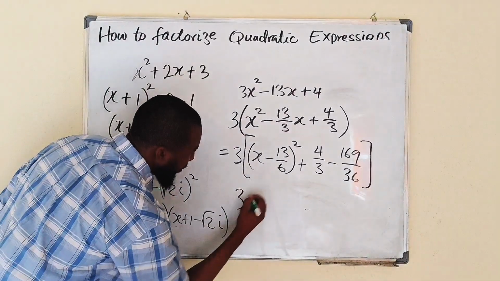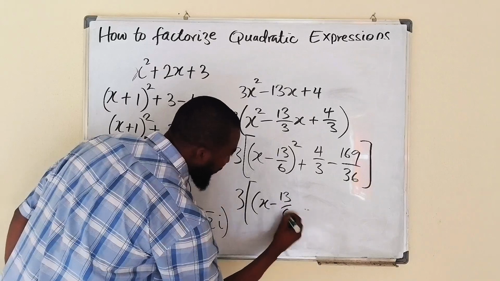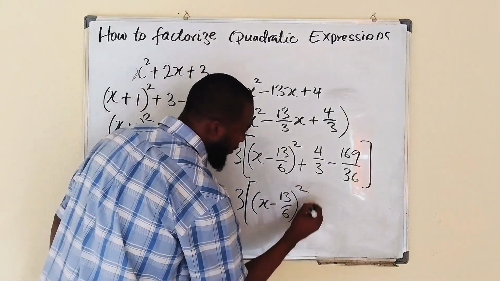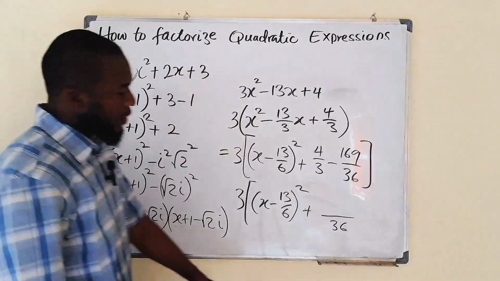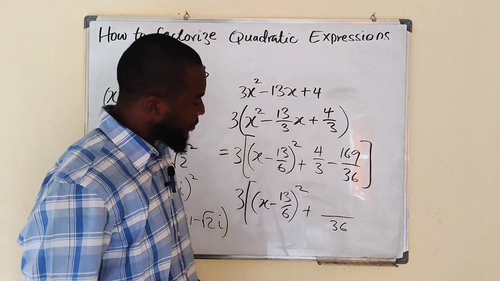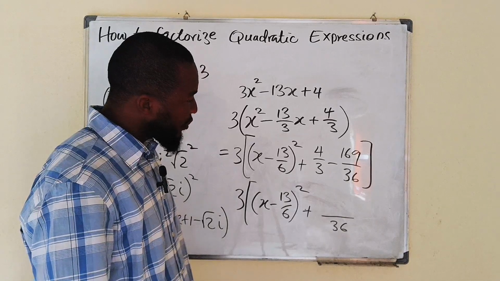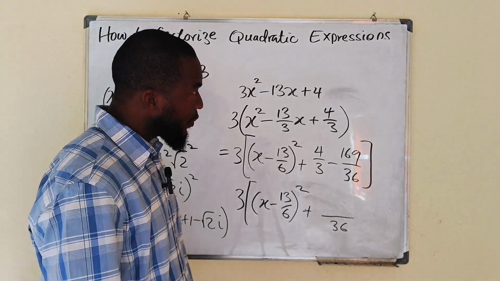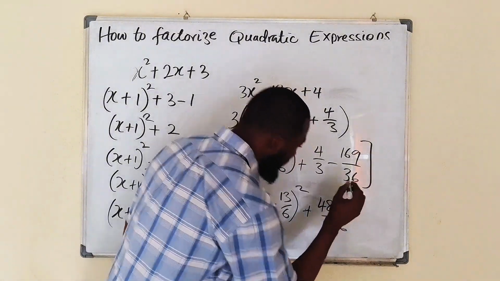This is 3 multiplied by x minus 13 divided by 6 whole squared plus, the LCM will be 36. Let me see. 3 here is 12. Then 12 plus 12 is 24. 24 is 48. Am I right? This is 48.